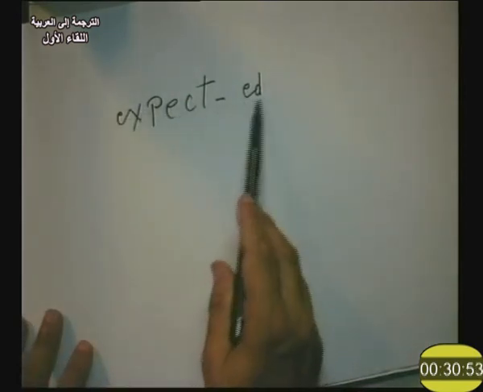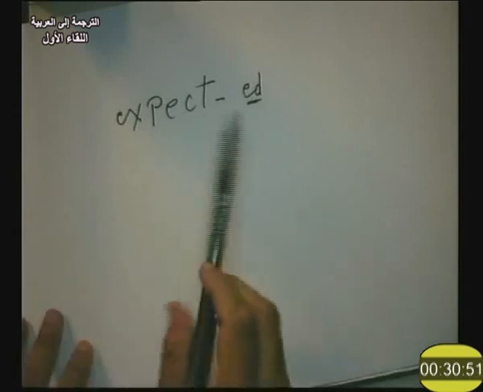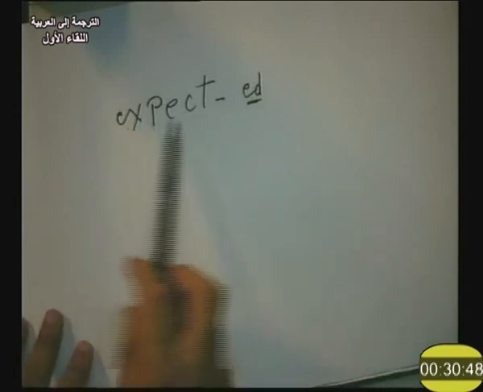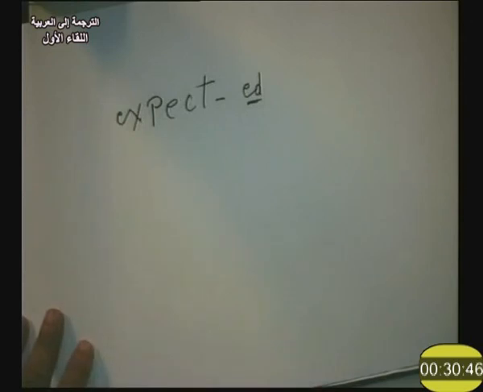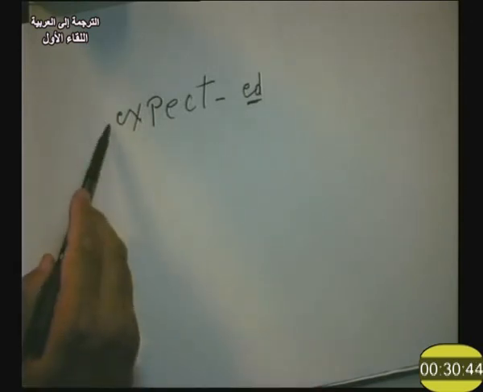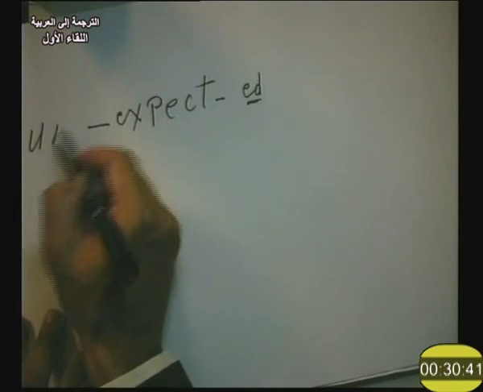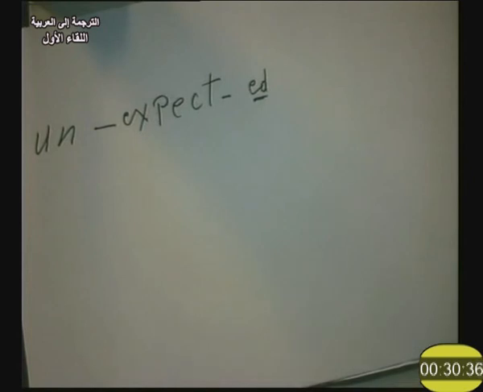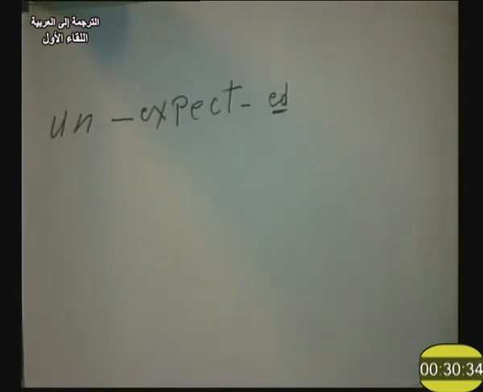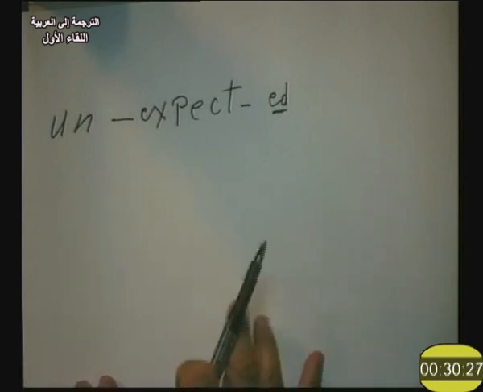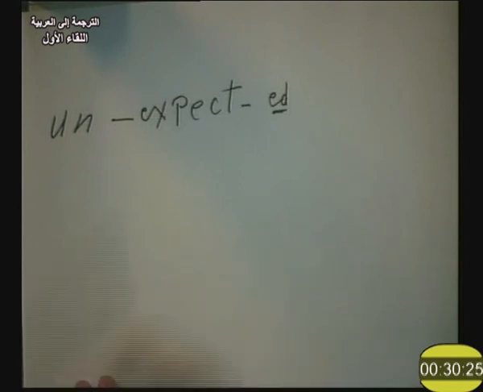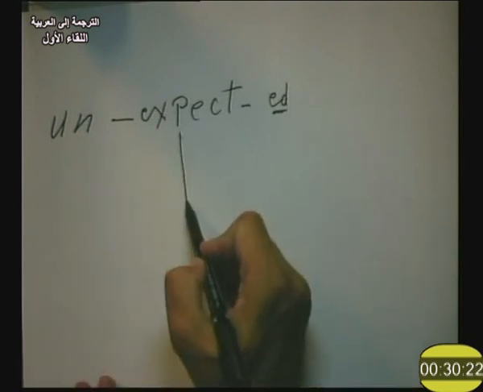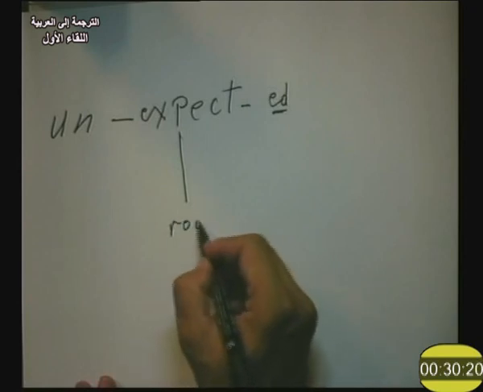Expected, this ed is the suffix. "توقع" or "متوقع" can also be used as an adjective, "متوقع". The prefix: unexpected, "غير متوقع", the unexpected consequences, the unexpected consequences of the war. Here expect is the root of the word.